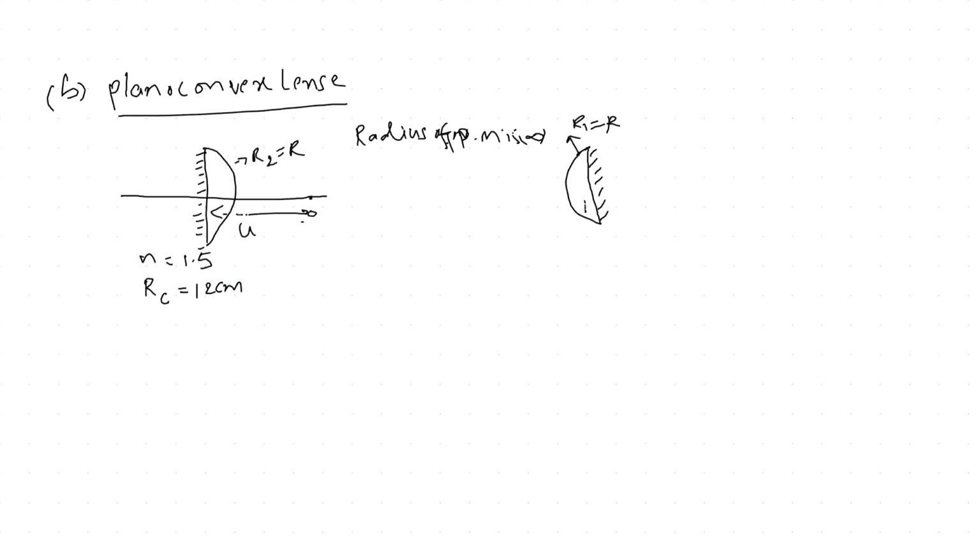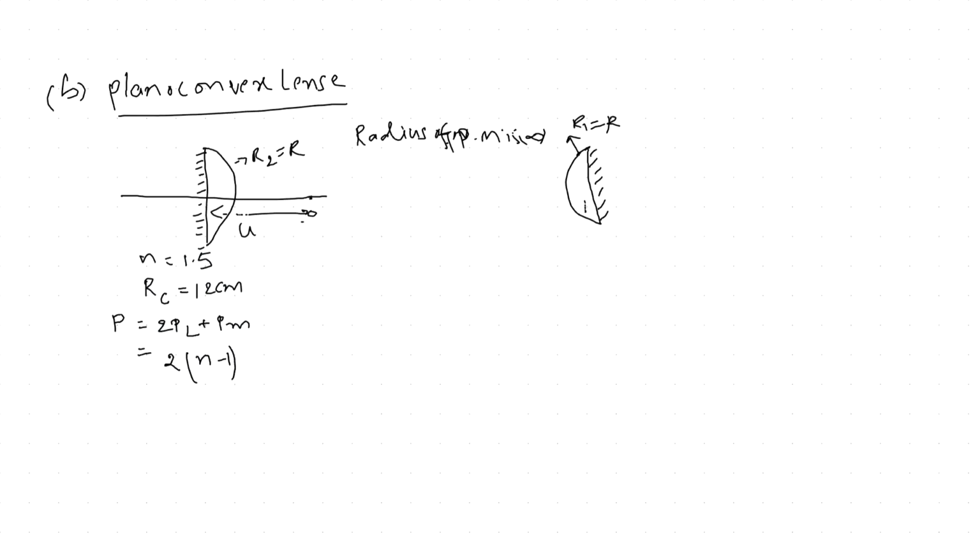So now we follow the same as the previous board. The power is equal to 2PL plus PM. That is equal to 2 into PL, meaning N minus 1, because here the medium is air and the refractive index of the lens is N. So N minus 1 is the relative refractive index of this combination.